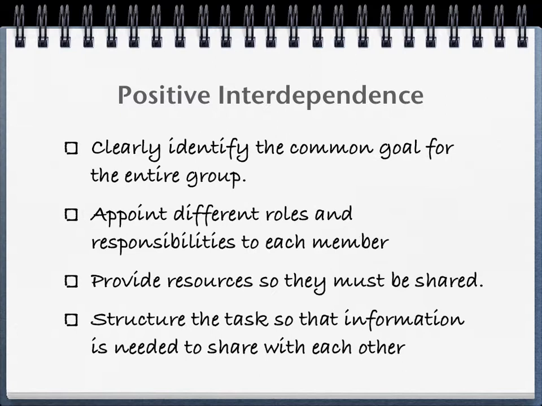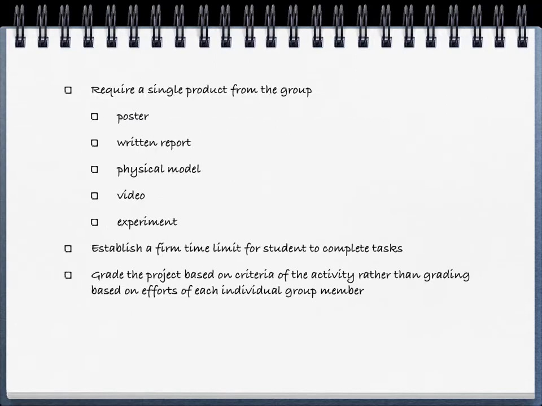Structure the task so that information is needed to share with each other. Again, we want our students to work together. This is the positive interdependence. The students are dependent on each other to get all the pieces of the work completed. And so they need to be able to talk and discuss and work together.